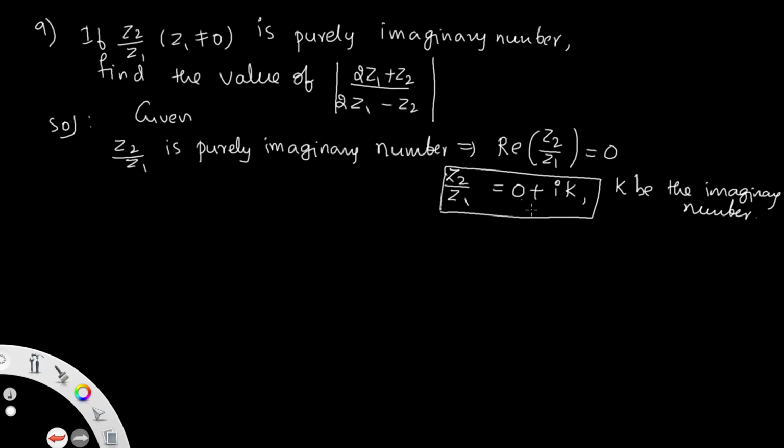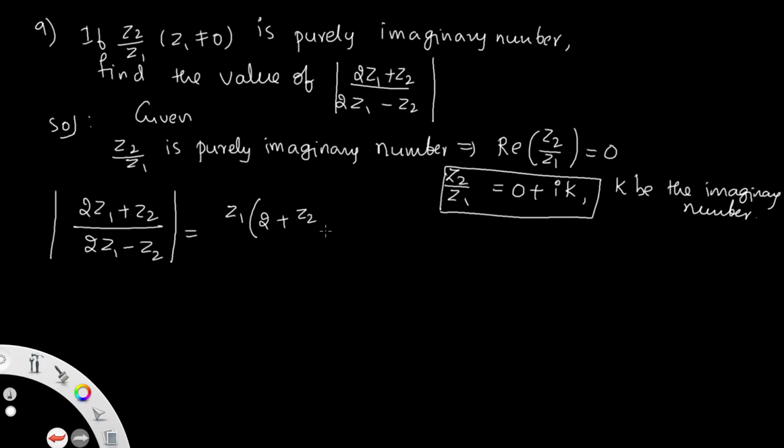But in the question, we have to find the value of 2z1 plus z2 by 2z1 minus z2, in the modulus. So I am taking z1 as common in the numerator: 2 plus z2 by z1.